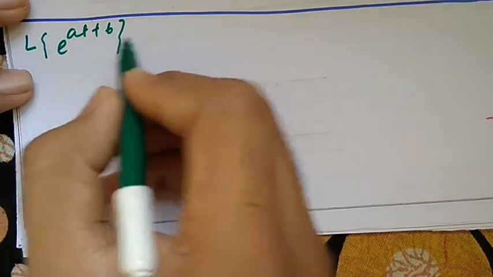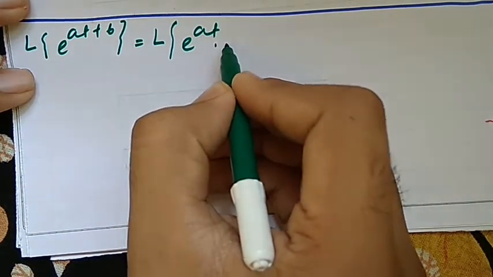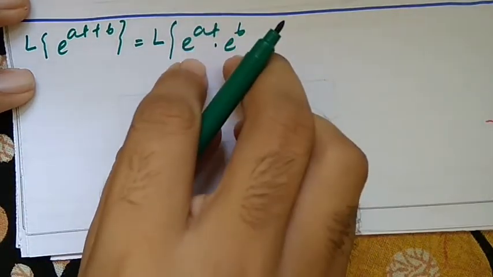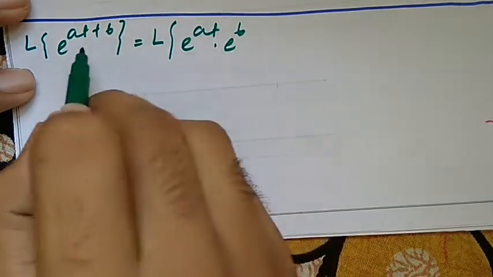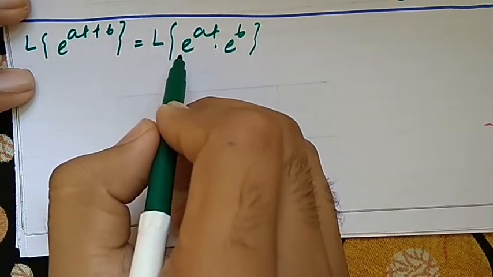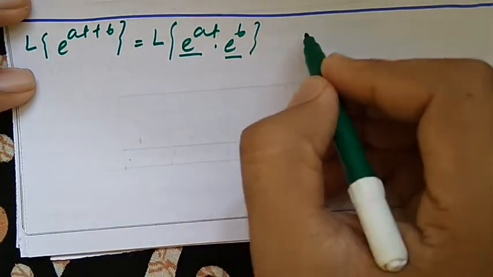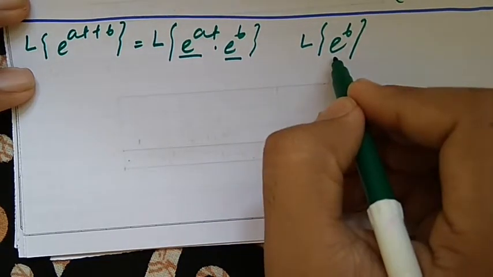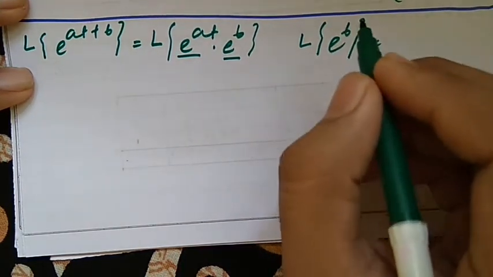Here we can also write e to the power at plus b as e to the power at into e to the power b. So there are two terms: this is our e to the power at and this is our f of t. The Laplace transformation of e to the power b, which is a constant, will be e to the power b into the Laplace transformation of 1.